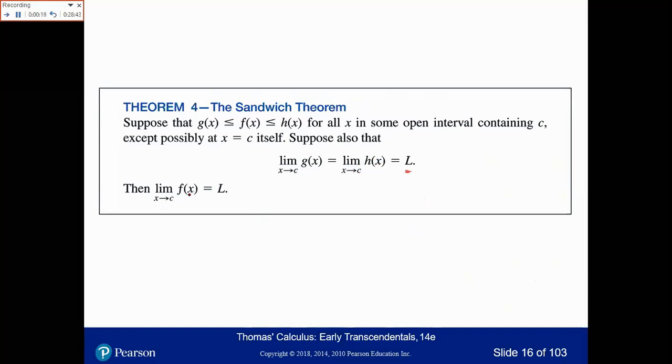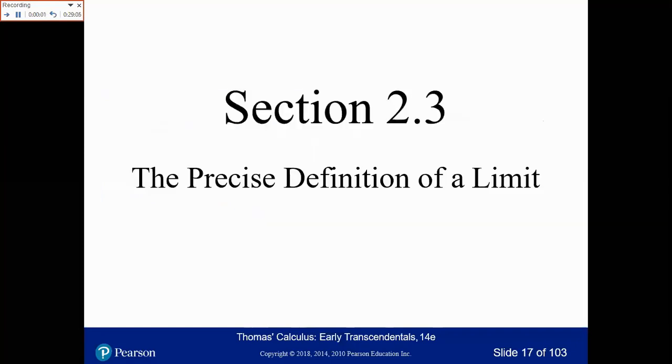Limit of f, which is sandwiched between these two, limit of f of x must be equal to L. And the sandwich theorem is very important. I'm going to use the sandwich theorem today to show you how it works. Before we get to the next, this section is not included.